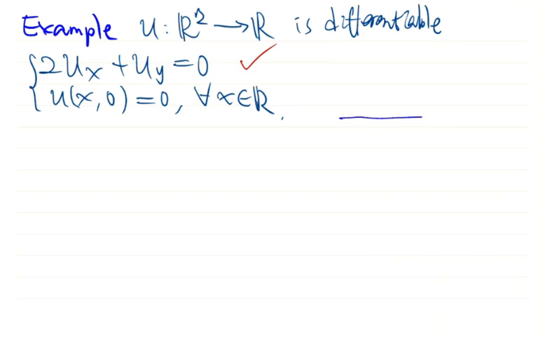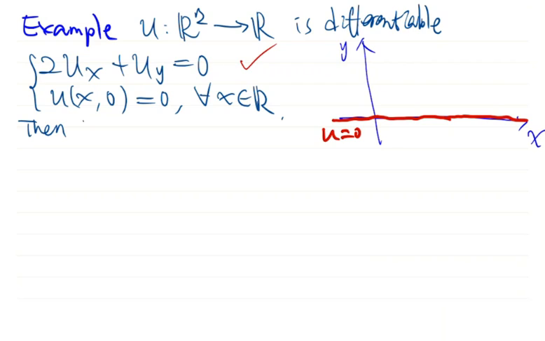This is the x-axis, this is the y-axis, so u is 0 on this horizontal line. So what can we say about u? The result is that u is identically 0.